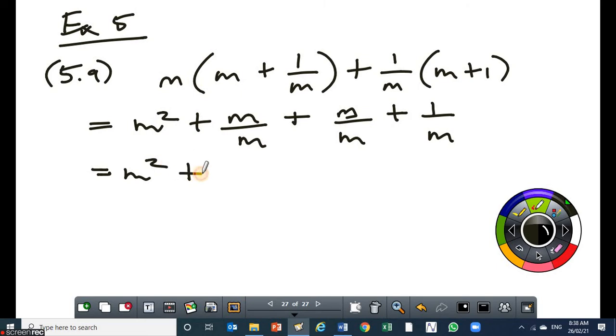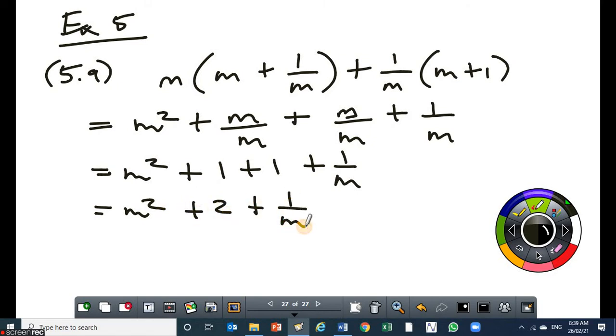So you are going to end up having 1 plus 1 plus 1 over m. And that will give you m squared plus 2 plus 1 over m. It is most likely that some of you will stop there, but we can carry on.